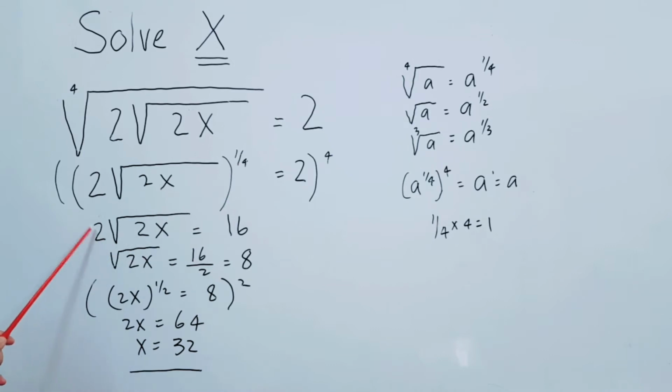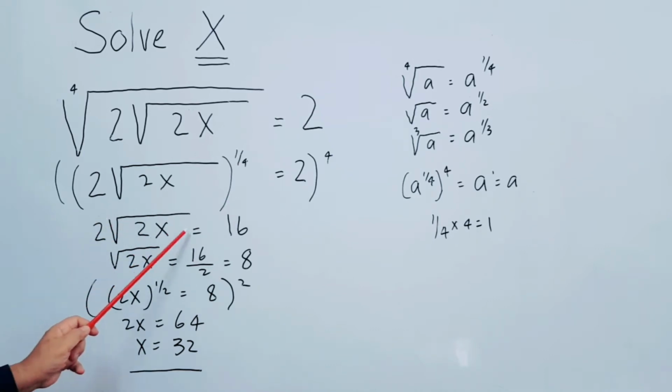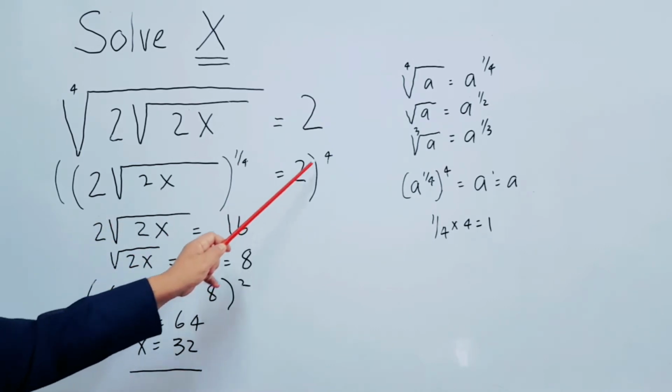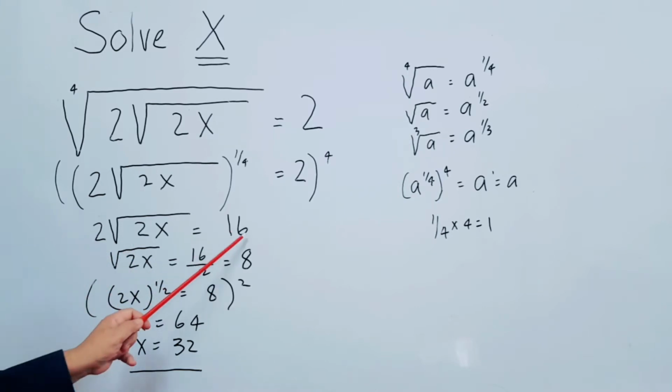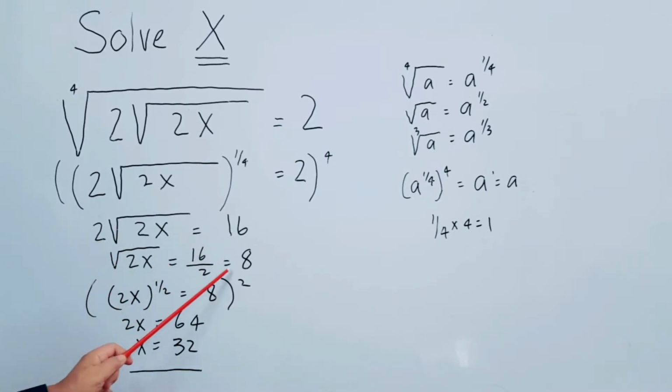So, 2 square root of 2x is equal to 2 raised to the power 4, which is 16. Therefore, the square root of 2x is equal to 16 divided by 2, which is 8. So, we can rewrite this square root of 2x as 2x raised to the power 1/2 is equal to 8. 16 over 2 is 8.